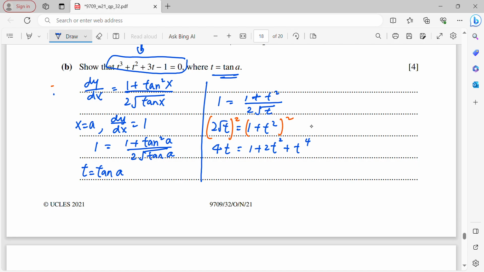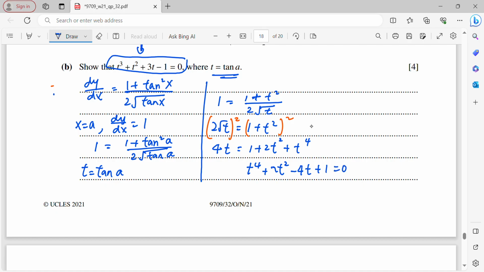So move all the terms to the right side. So it will be t to the power 4 plus, sorry, not plus 4t, plus 2t squared. Okay, plus 2t squared, then minus 4t plus 1 equals 0.